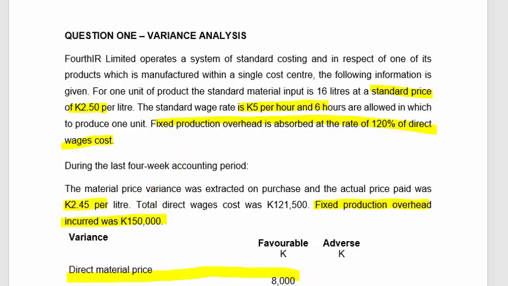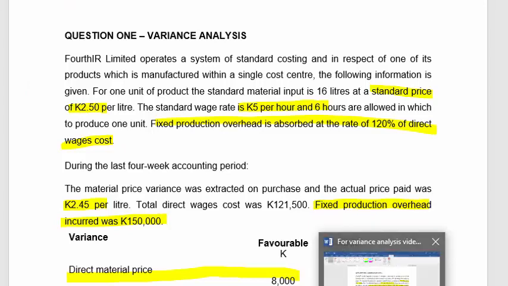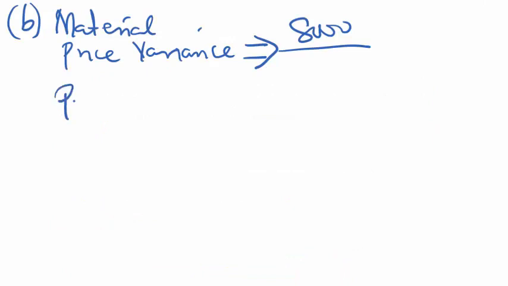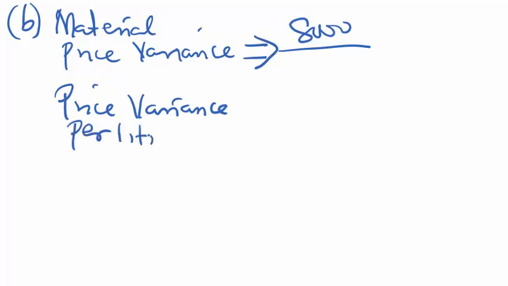So the price variance per liter is equal to 2.5 minus 2.45, which is 0.05.